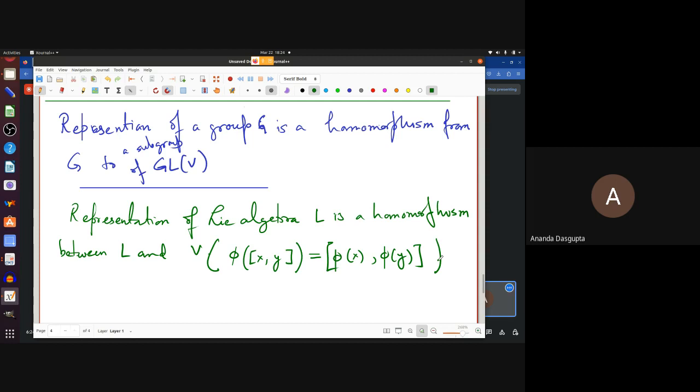and now here I have to be very specific. This of course cannot make sense if V is an arbitrary vector space, right? Is that okay? Why can't this make sense if V is an arbitrary vector space?